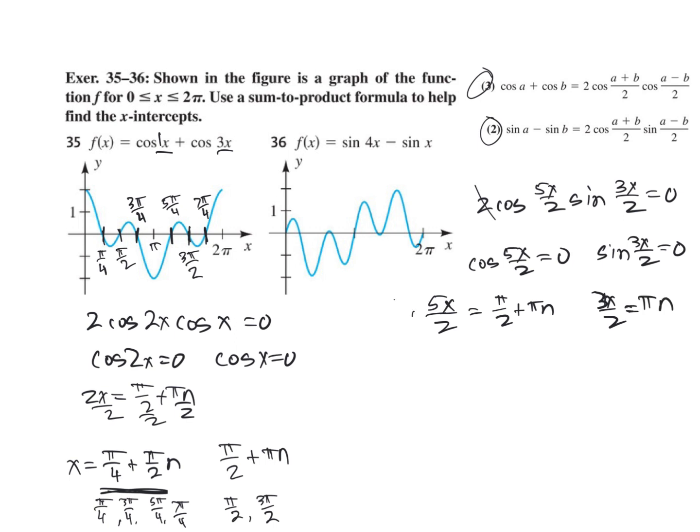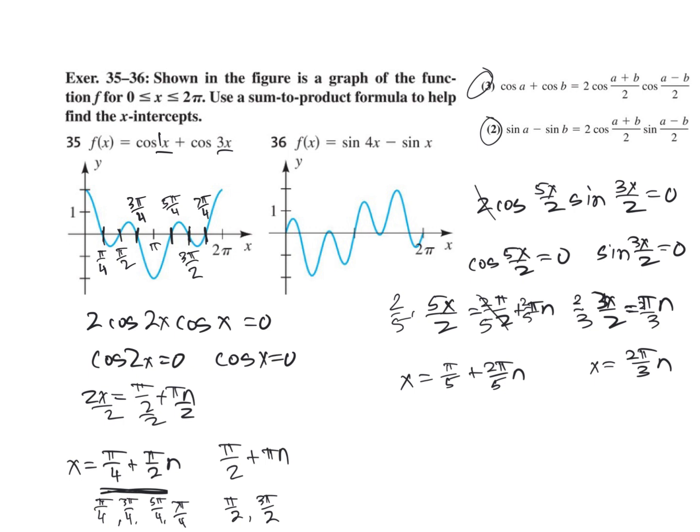All right, let's multiply by 2/5 over here, and it is pi over 5 plus 2 pi over 5 n. And multiply by 2/3 over here, and we get x equals 2 pi over 3 n.